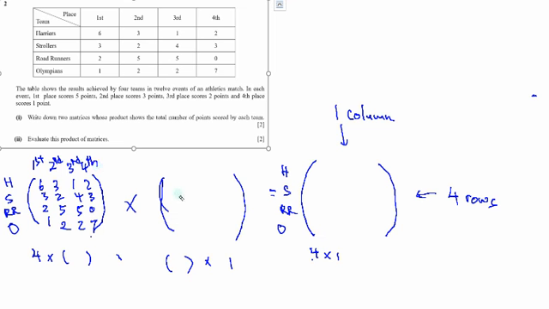Now this one is a column, and the 4 should be 4. So this becomes 4. This has to be 4.